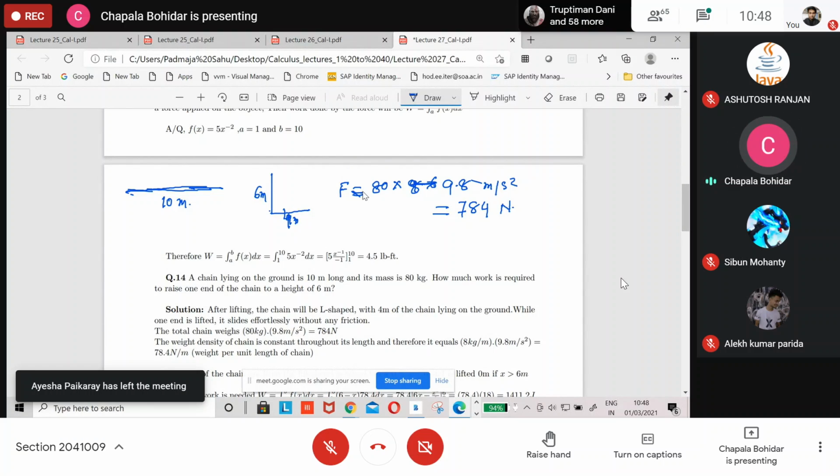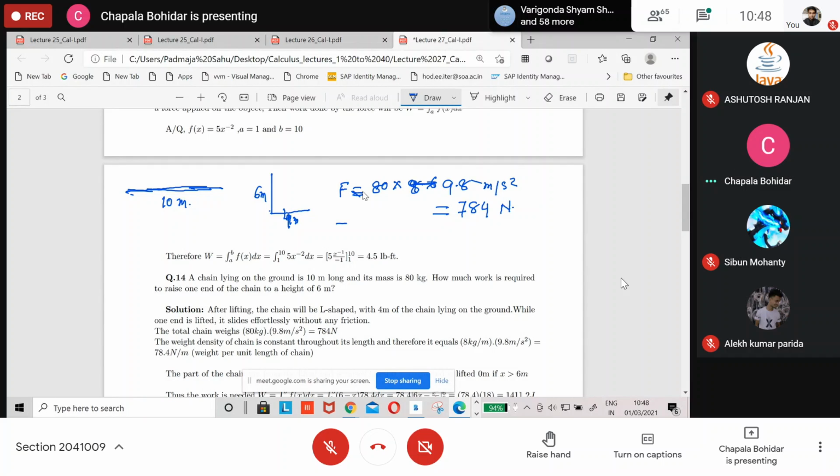So for 1 unit of length of this chain, the force F is equal to the weight, 784 by 10, which is 78.4 Newton.